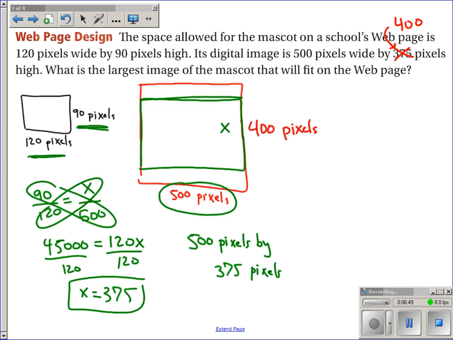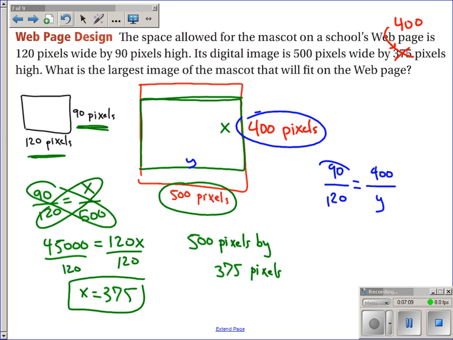Now let me show you what would happen if by chance you picked the other length to try first. So if I tried 400 first and thought of this length as y, again I'll keep the ratio the same. 90 over 120, an internal ratio, is equal to, now 400 is the height, 400 over y.